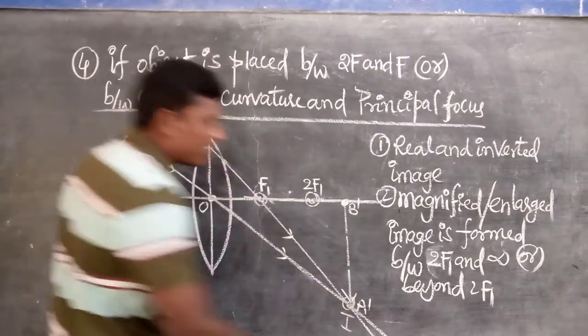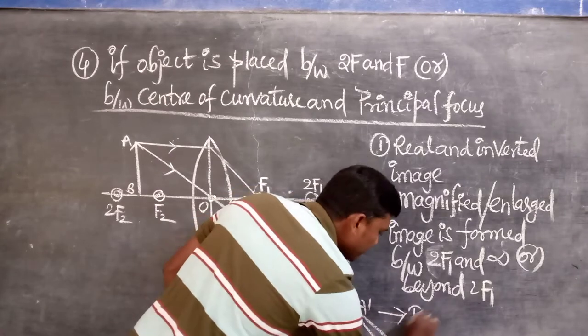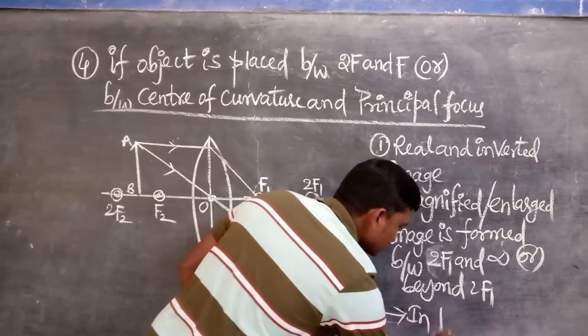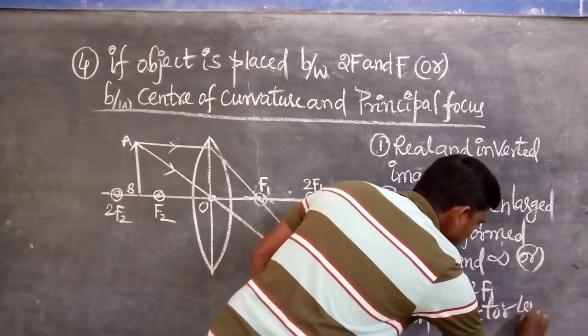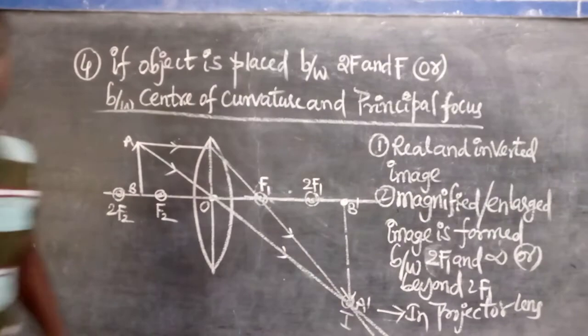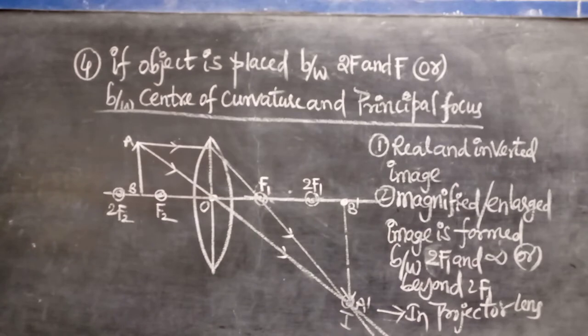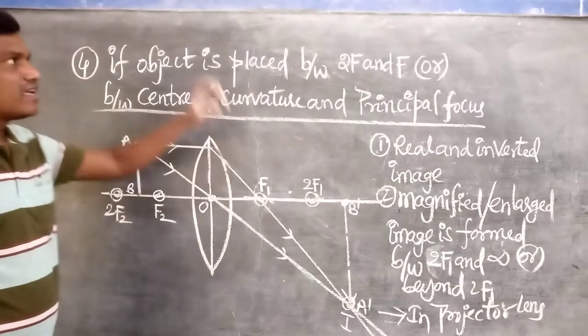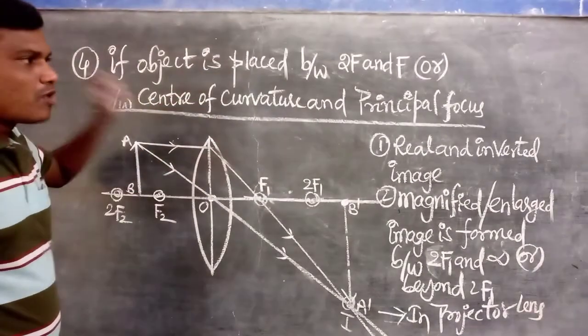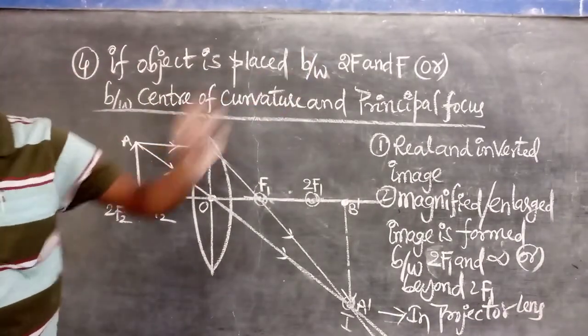This manner is what you observe in a projector lens. We observe it in cinema theaters. In cinema theaters, from the projection room one light ray comes and falls onto the screen.